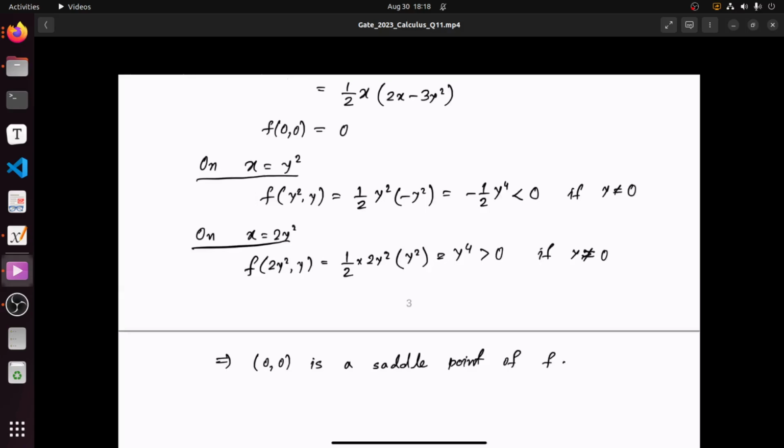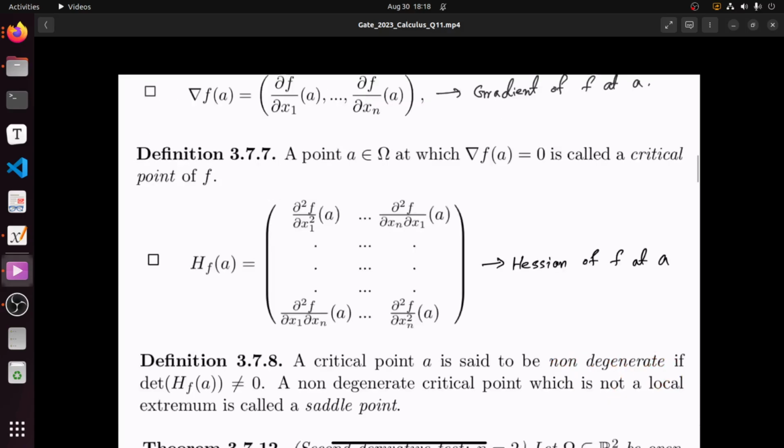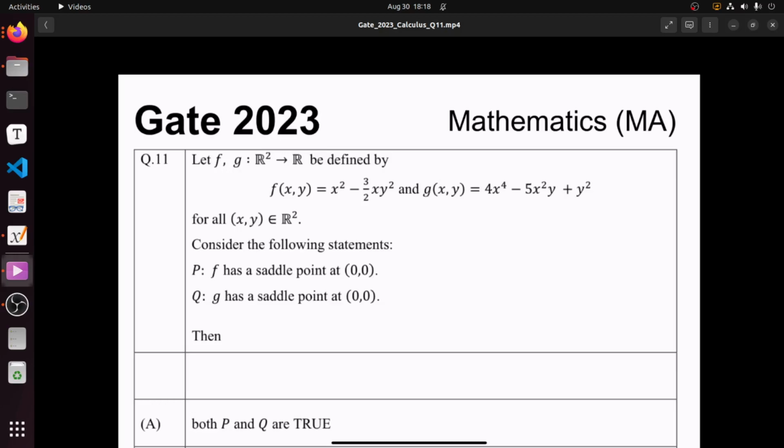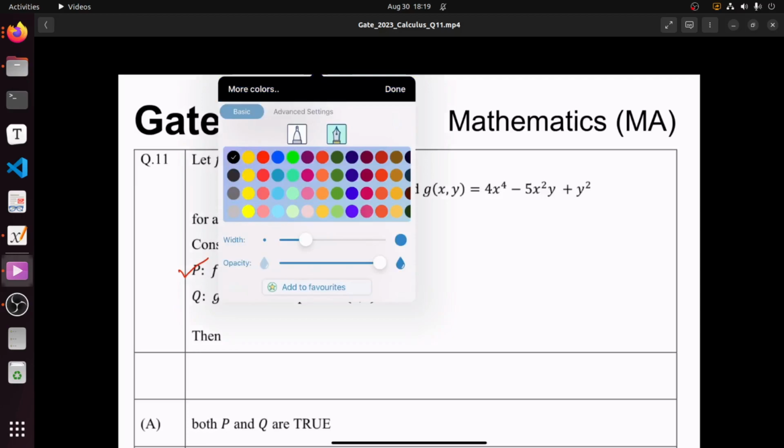So for f we have done it. Now we have to do it for g similarly. So f has a saddle point at (0,0). So P is correct, right? Now let's check for g.